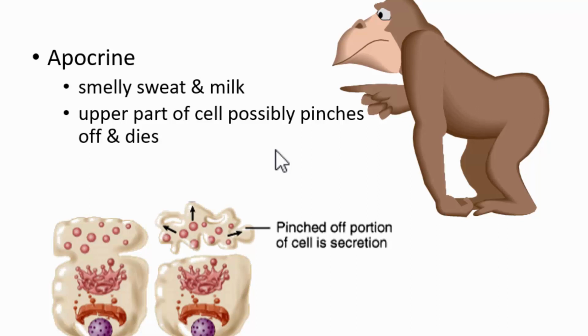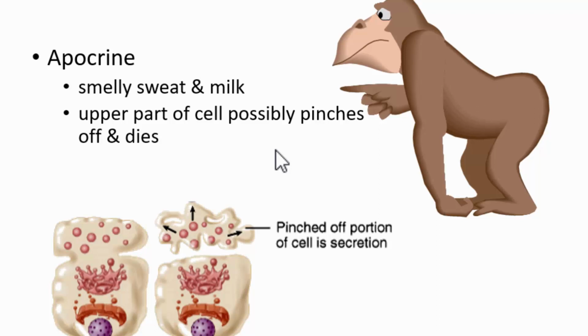Matter of fact, one semester I had two students with the exact same books, same year, same everything. One book said it was a Merocrine gland, the other one said it was an Apocrine gland. The point is, though, that it's a very complex product, and most likely it's made by both types of glands.